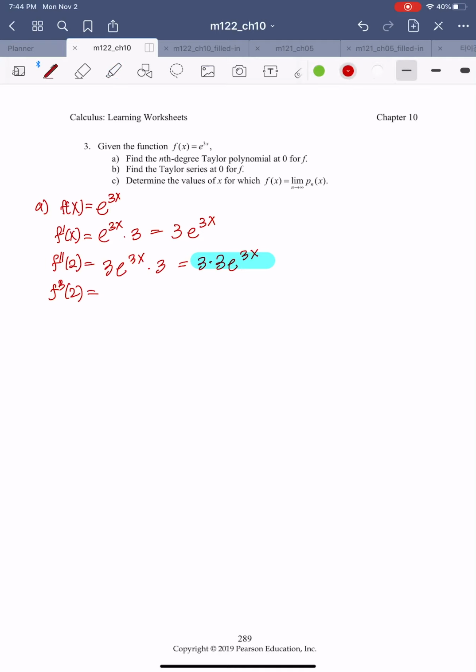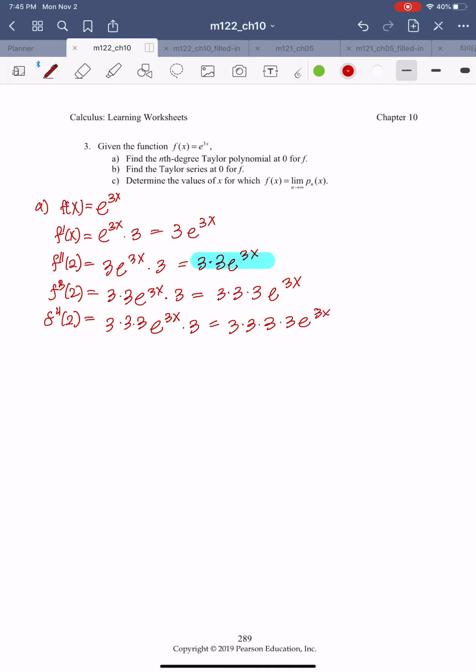So we have a total of 3, 3, 3, multiplying e to the 3x. So do you guys see the pattern? So the fourth derivative will be, again, 3 times 3 times 3 e to the 3x, but multiplied by another 3, so you're gaining a 3 each time. So anyone see the pattern?